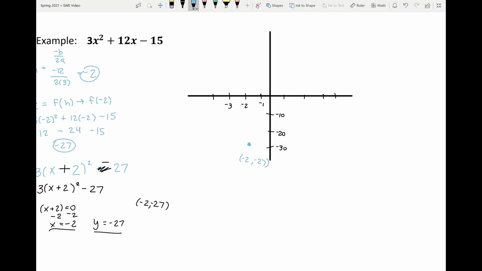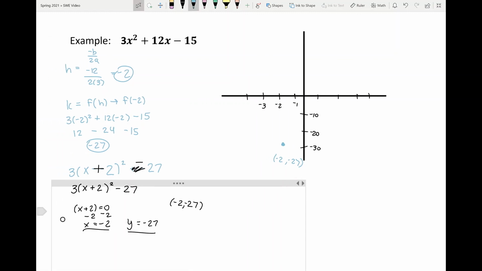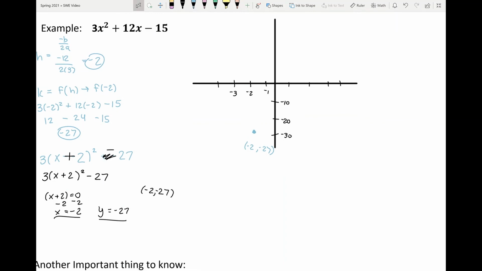So we'll take the equation 3x squared and pretend that we're doing it in the origin. So when you move over to the right 1, you're going to go up 3x squared. So 3 times 1 squared is going to be 3. So we're going to go up here. Put that on the other side.